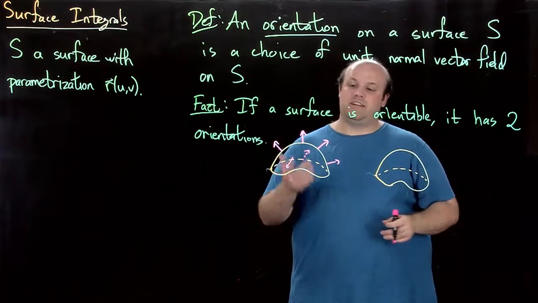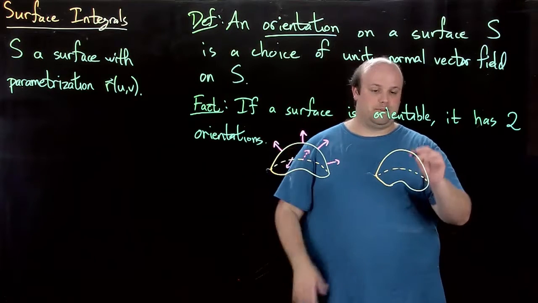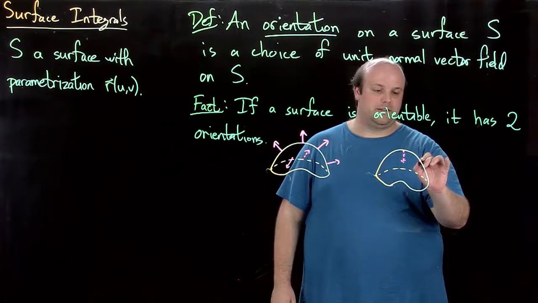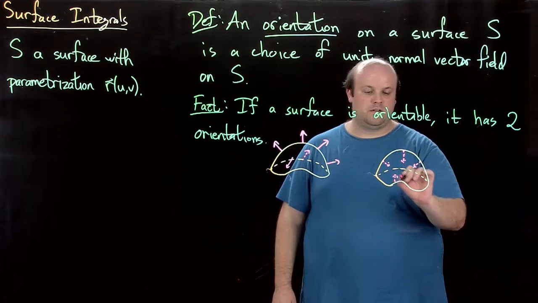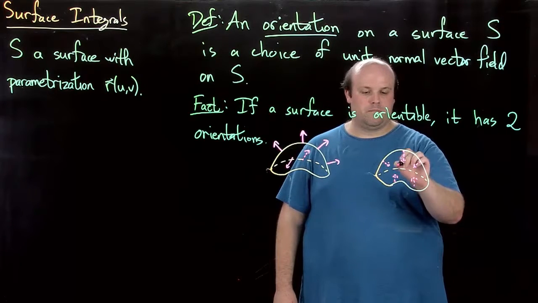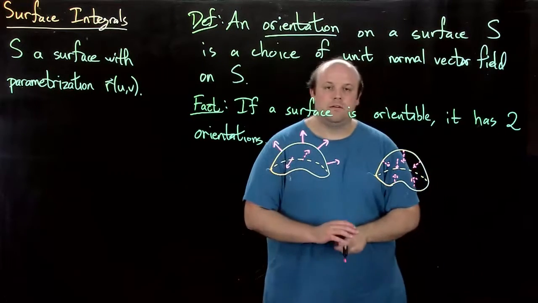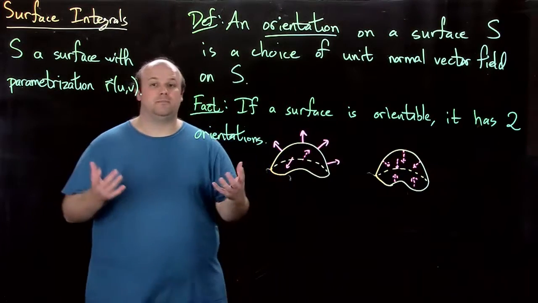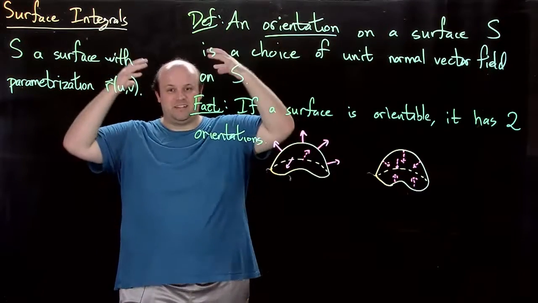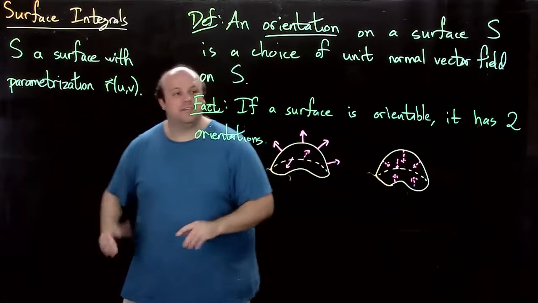The opposite orientation is just turn all these vectors around, so they're all going inward to the surface. That's the painful helmet to wear, where it has a bunch of spikes going in, and you put it on and you're not going to have a good day.